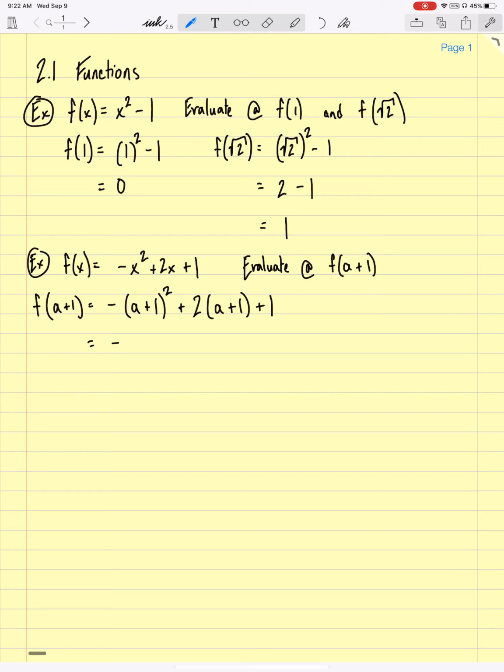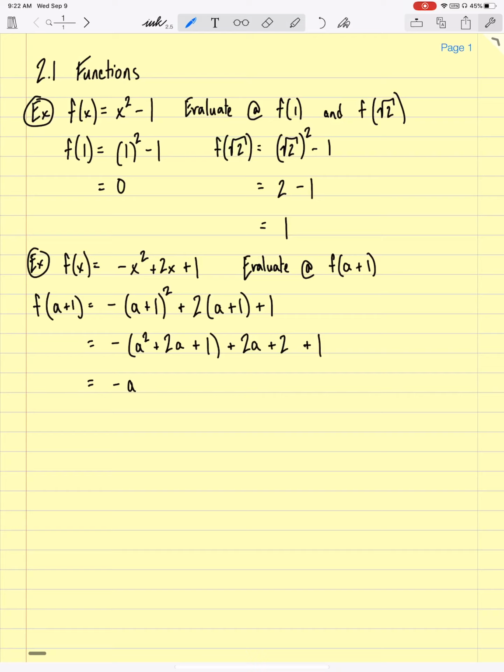Once you do that, it's just a simplification problem like you've done before. So a plus 1 squared is a plus 1 times a plus 1, so that would be a squared plus 2a plus 1. Then I'm going to simplify the 2 times a plus 1, so distribute the 2. I get that. The next step is just to keep simplifying until you can't anymore.